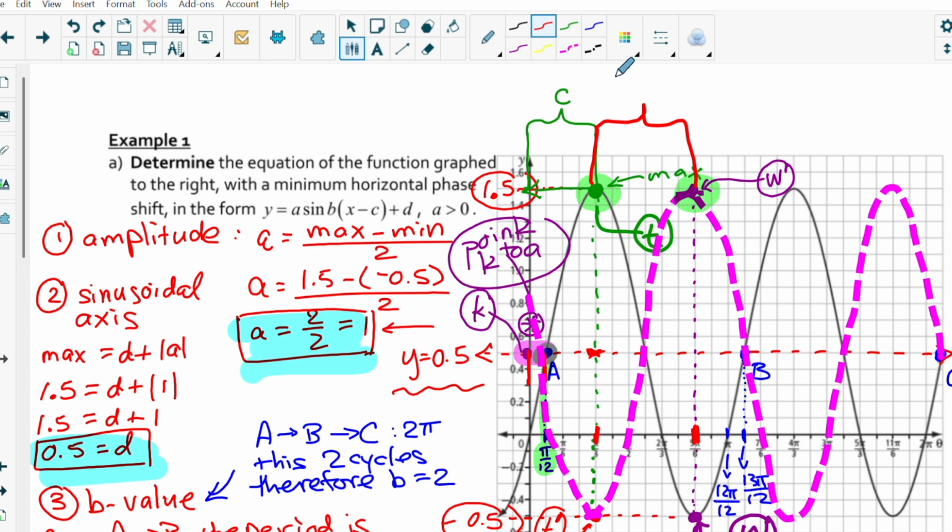Well, if I look down here, pi over 6 minus, that's pi over 3. So that's 5 pi over 6 minus, well, what is this? That's pi over 3, folks. So that's 2 pi over 6.